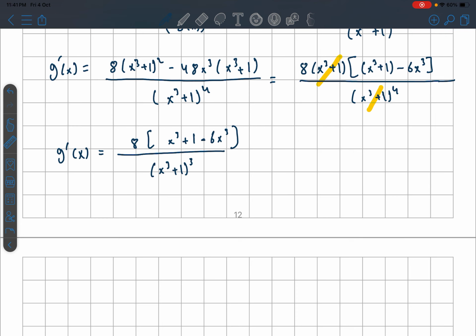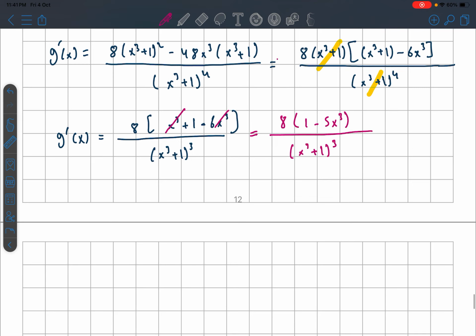So we can say that x cube minus 6 cube, it will be x cube plus 1 power of 3, we have 8 1 minus 5x cube, and this is the last result.